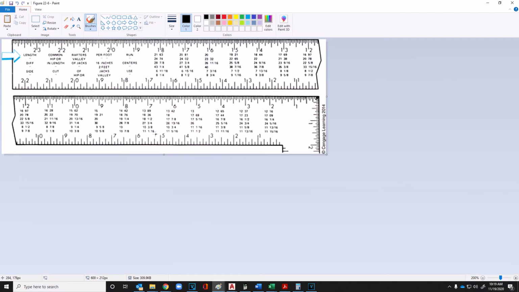So a couple of weeks ago, I told you that we could look on here, and so these numbers across our framing square end up being the rise, the unit rise.